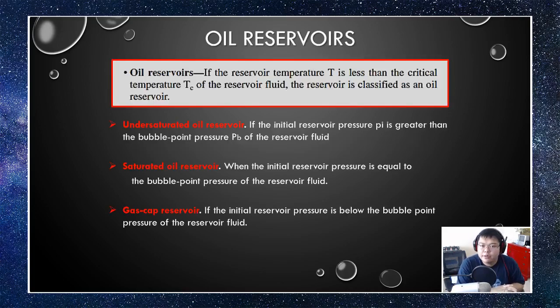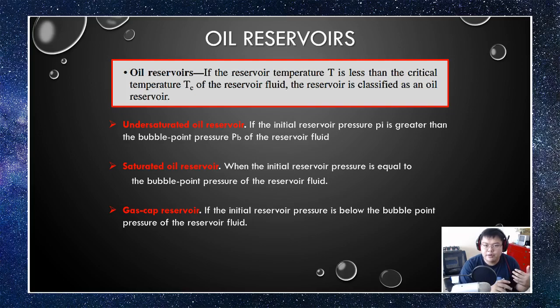The main topic that we're going to talk about here is oil reservoirs, and we will talk about some gas reservoirs. However, I want to focus today's video on oil reservoirs. The key thing to understand from this slide is the concepts between undersaturated oil reservoirs and saturated reservoirs.